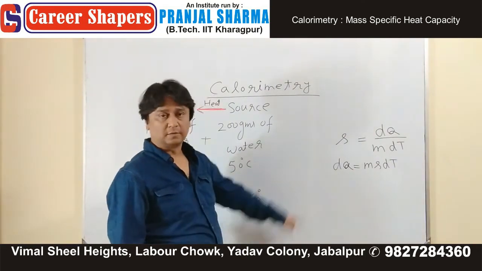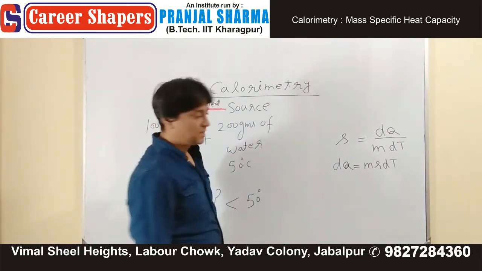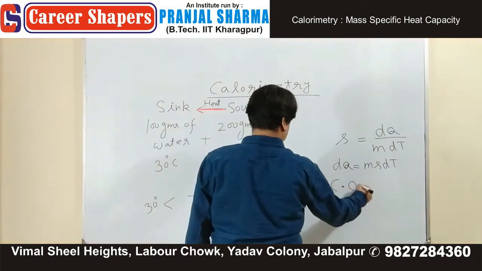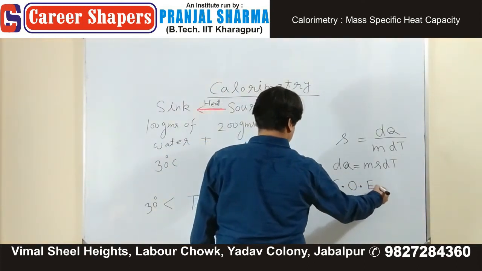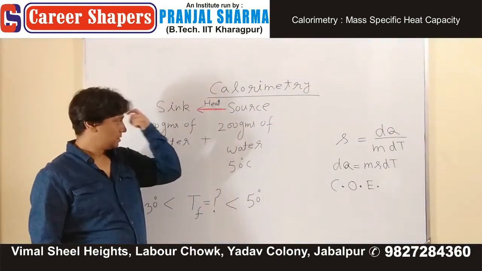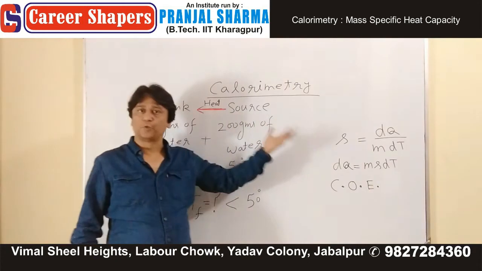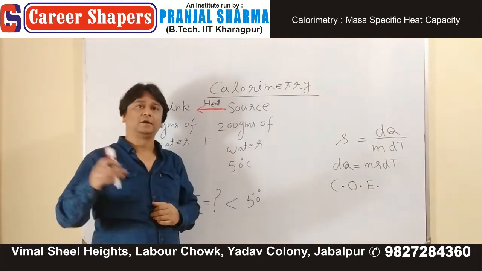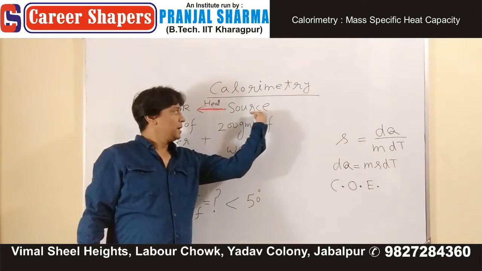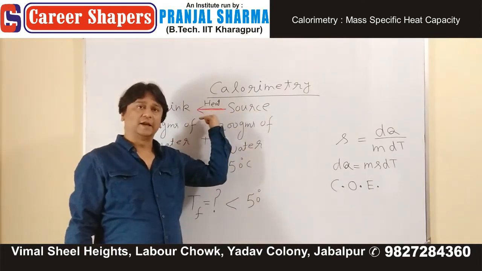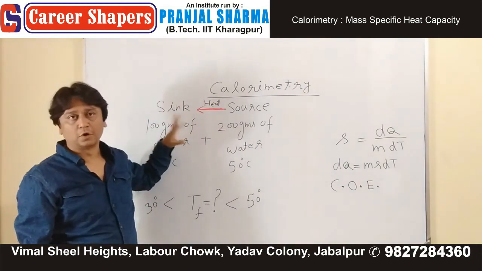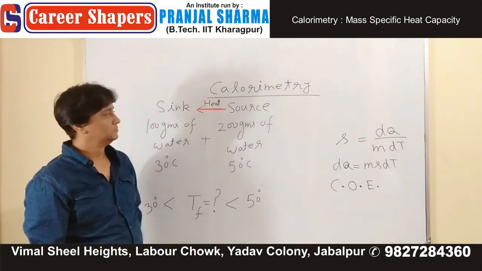Now look here. What is the concept of conservation of energy? In an ideal situation, if there is no heat loss to the surrounding, अगर यहां से 100 जूल एनर्जी निकलेगी, तो पूरी की पूरी 100 जूल कौन एब्जॉर्ब करेगा? सिंक.